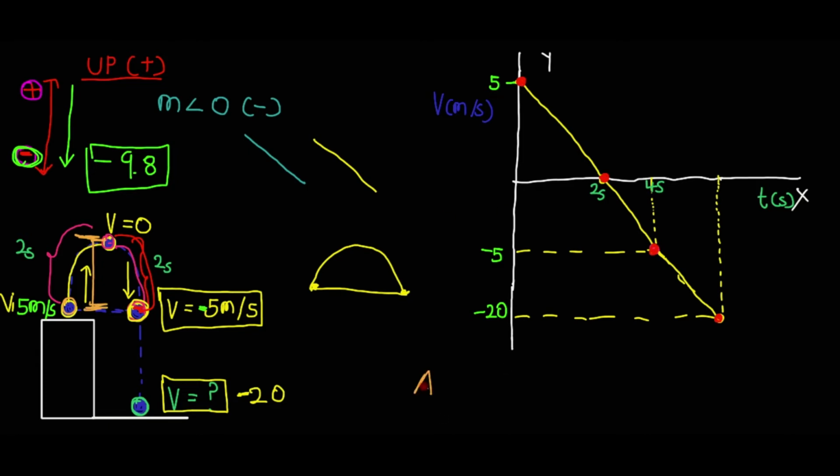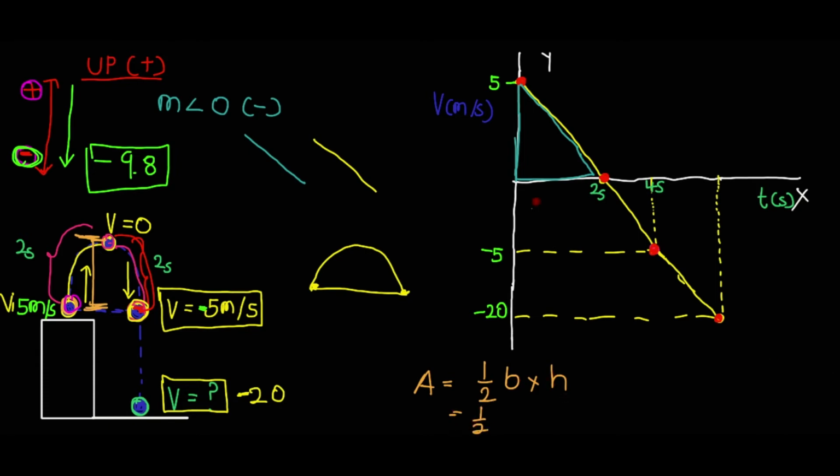When we use this graph, we want to find this displacement from this point, or the area is equal to half base times height. You can see that we actually have a triangle, because this is a triangle when you look at it. So to find this displacement from the initial, the area is equal to half base times height.